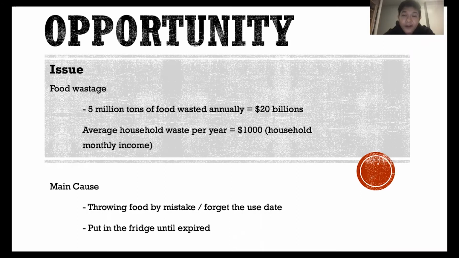If I narrow it down, the average household food waste per year is equal to their monthly income, which is $1,000. The main causes are throwing food away by mistake, or forgetting to use it before the use date and putting it in the fridge for a long time until it expires.